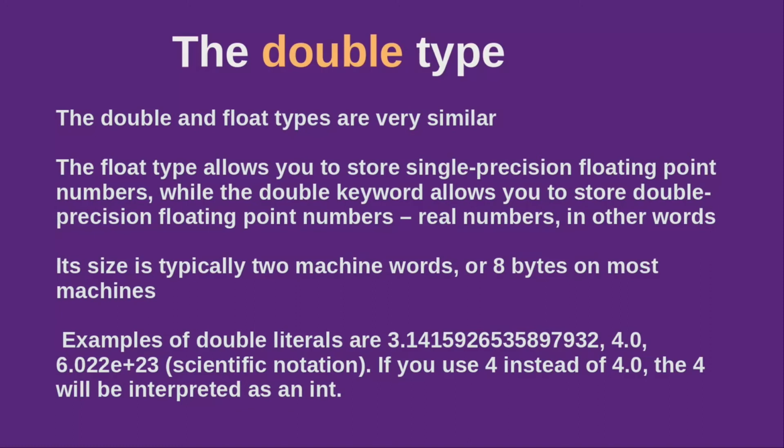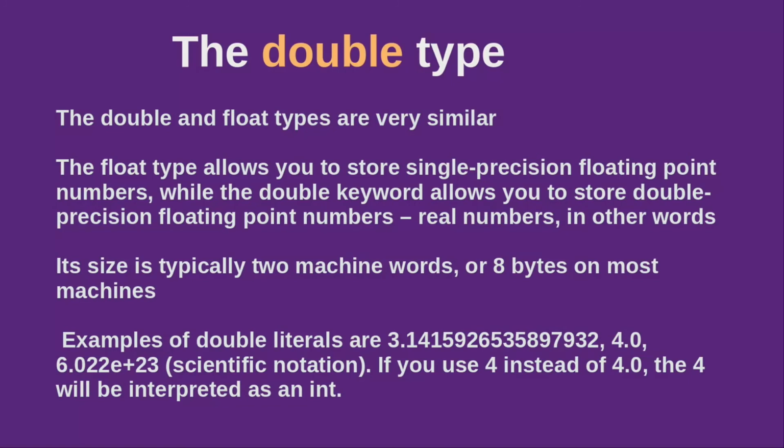If you use 4 instead of 4.4, the 4 will be interpreted as int. The distinction between floats and doubles was made because of the differing size of the two types. When C was first used, space was at a minimum, and so the judicious use of a float instead of double saved some memory.